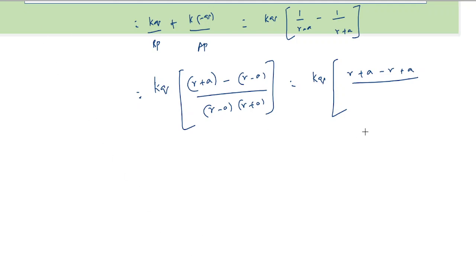So here it becomes equal to r square minus a square, and from here what remains is kq into 2a by r square minus a square.